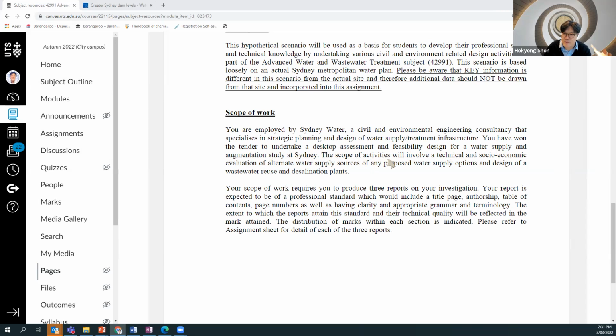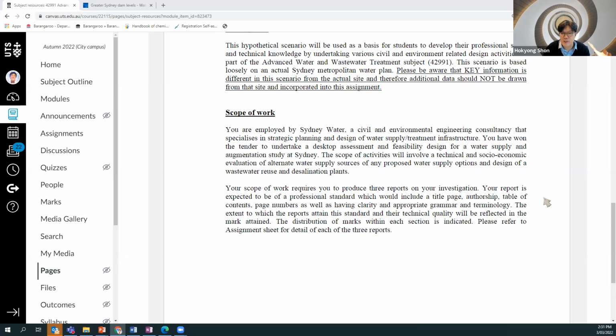The scope of the activity will involve the technical and socio-economic evaluation of alternate water supply sources of any proposed water supply options and design of wastewater reuse and desalination plant. So your scope of work requires you to produce 3 reports on your investigation.